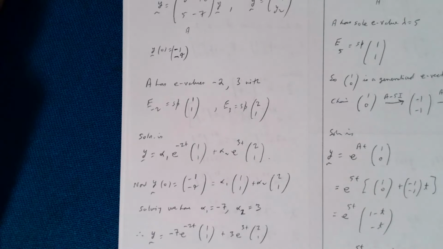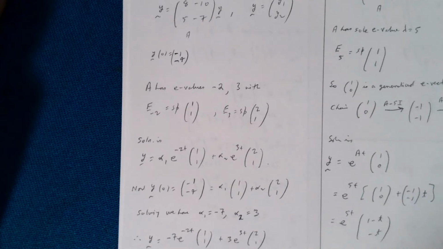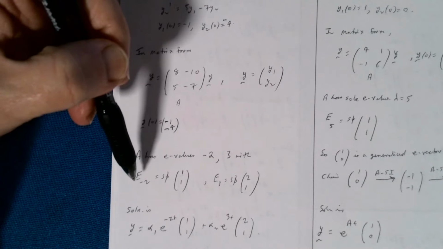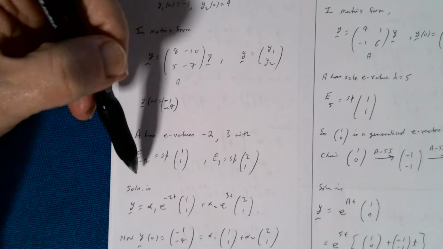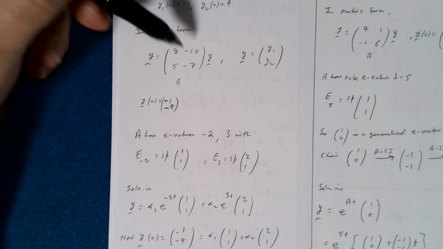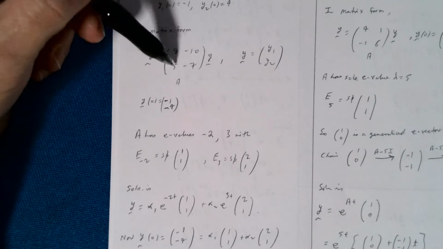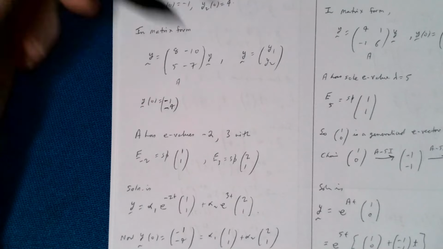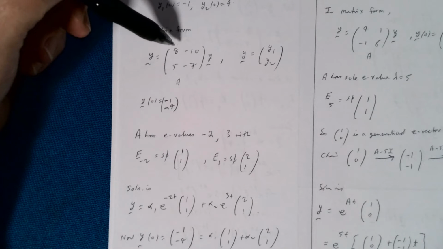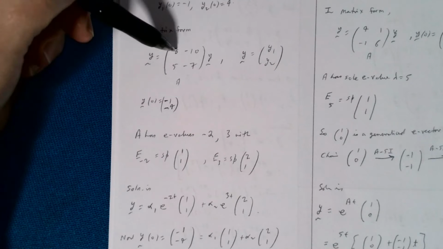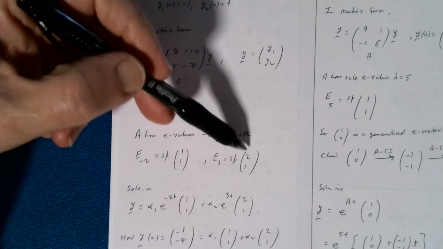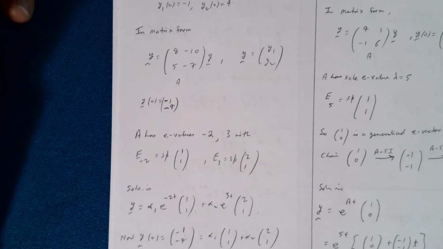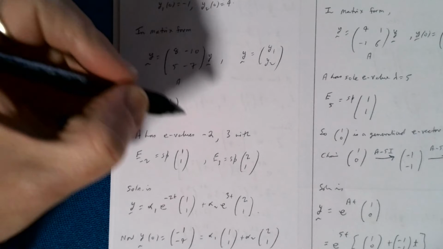You can almost do it instantly, because for minus 2, you're going to add 2 to the main diagonal. That'll give you 10, minus 10, 5, minus 5, and so you'll get the span of (1, 1). And if you subtract 3 off the main diagonal, you'll get 5, minus 10. So if I take 2 of those, 1 of those, that'll be my second eigenvector corresponding to lambda equals 3.